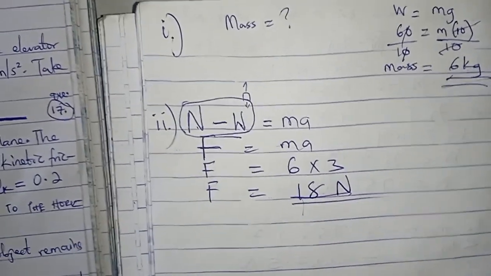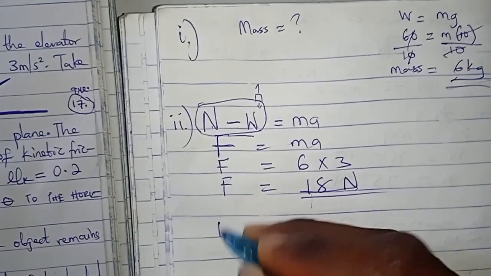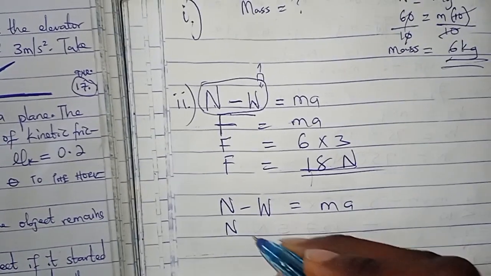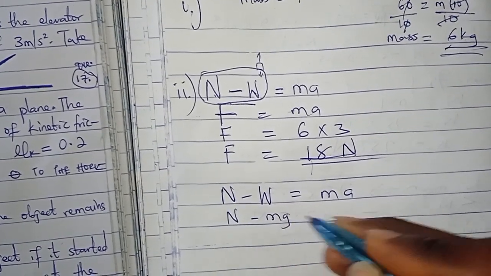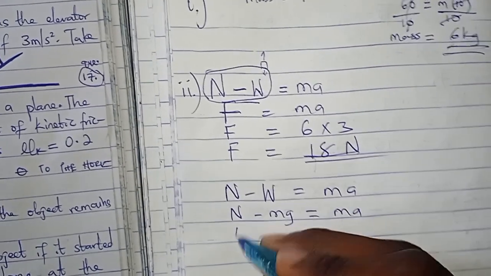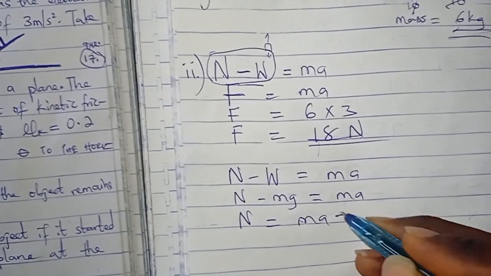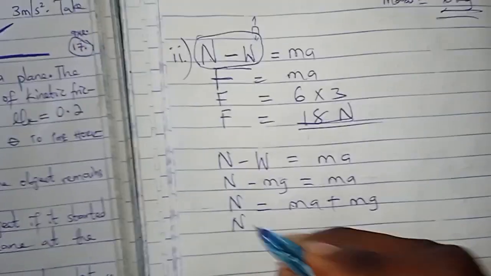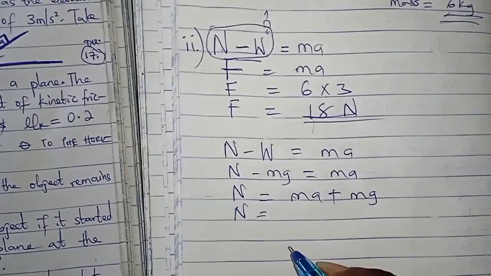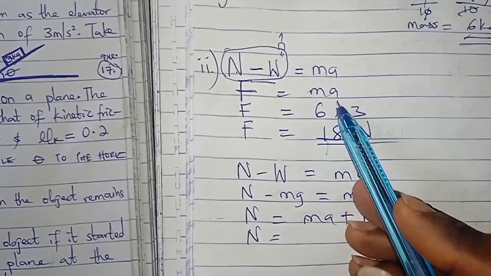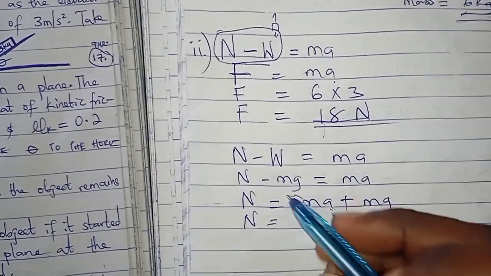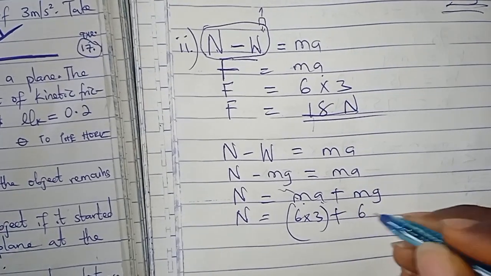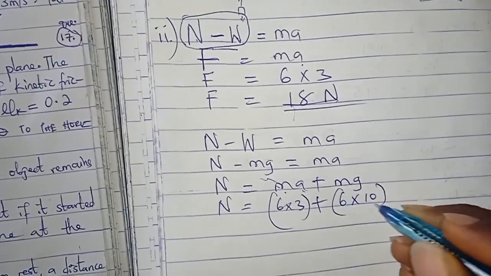This is a way to go about it. But if we don't want to do it this way, we can simply say N minus W equals to ma. Then N minus mg, weight, is equal to ma. And this is set as N equals to ma plus mg. So N is equal to mass times acceleration, 6 times 3, plus 6 times 10, gravity 10.